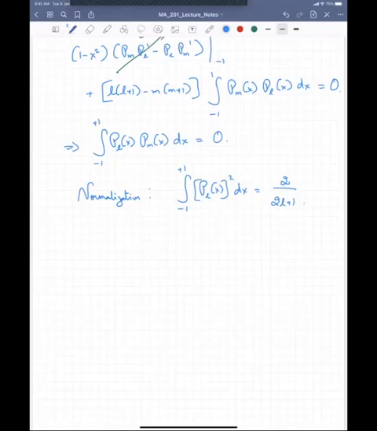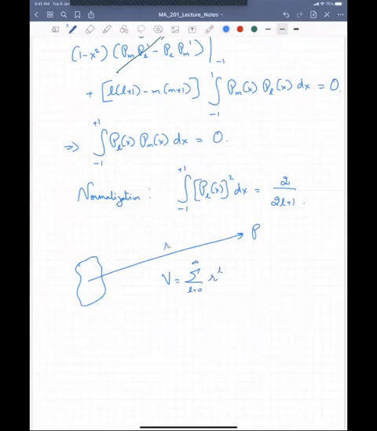Suppose you are given some combination of charges in this region and you want the potential at this point P. And assume that this point P is a very large distance from where the charges are, then the potential at this point P can be written as a sum over L equals 0 to infinity of r to the L times PL of cosine theta. So this is called the multipole expansion.